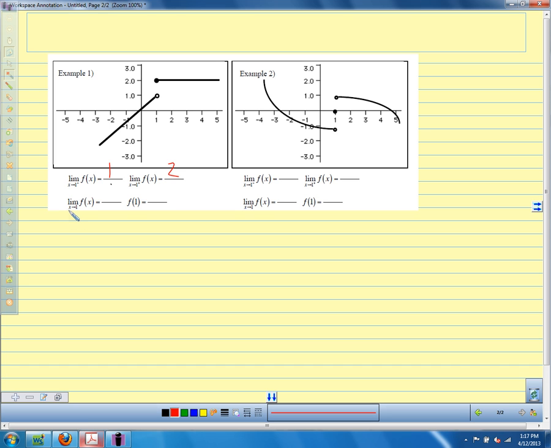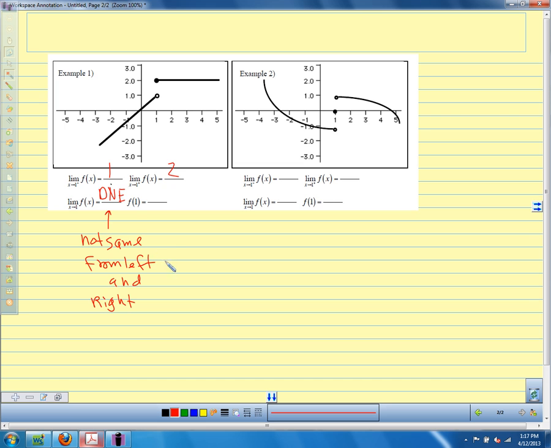Are they the same from the left and the right? No. So we say the limit does not exist. It's not the same from the left and right.